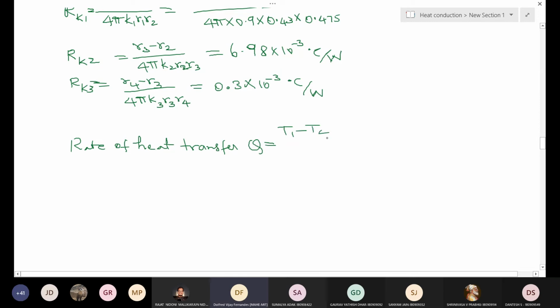T1 minus T4 divided by the sum of the resistances RK1, RK2, RK3. Okay, substitute: 1950 minus 40 degrees outside, divided by the total resistance, 19.5 plus 6.98 plus 0.93 into 10 power minus 3.